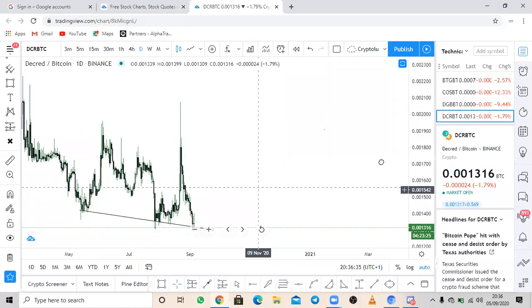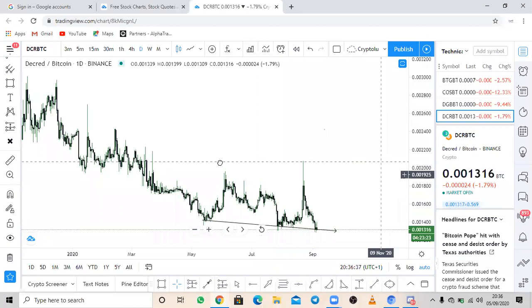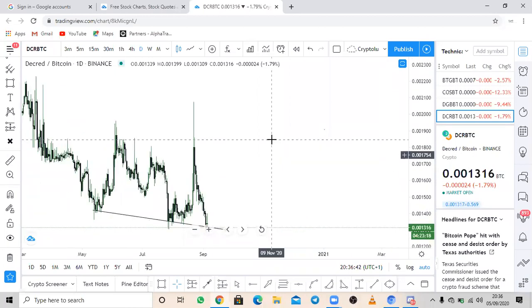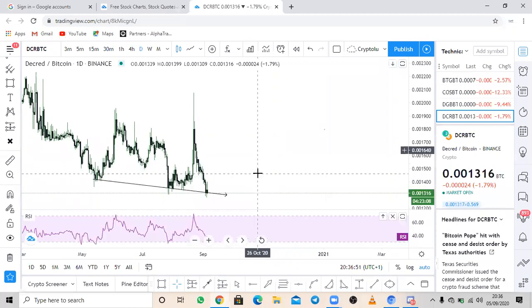Price seems to be holding that level very well. So for this, I'm expecting a move up, and we also have a bullish divergence here.